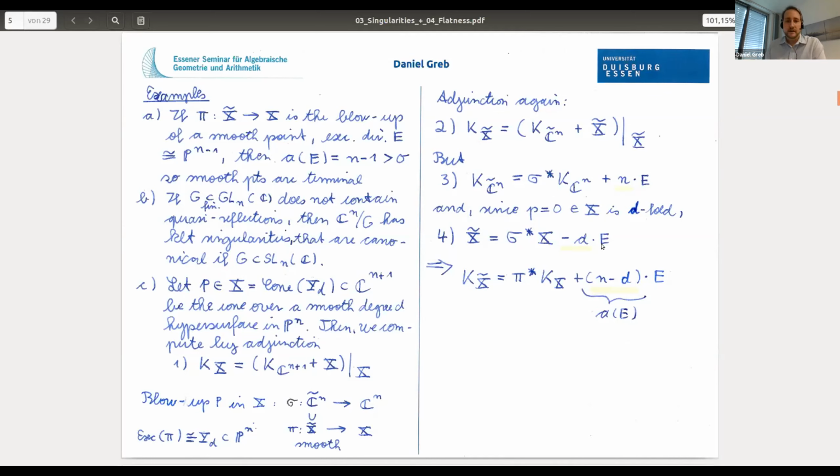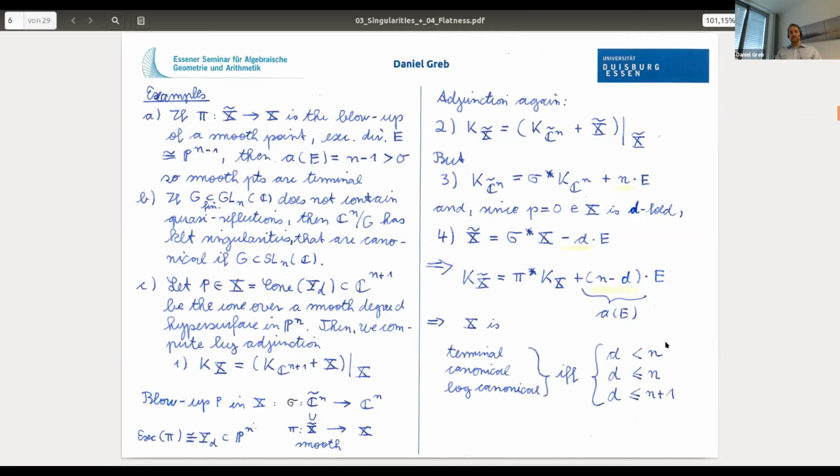Then I put everything together, and this n and this minus d give this a, which is n minus d. What does this mean? It means that X is terminal if d is less than n, it's canonical if d is less than or equal to n, and it's not canonical if d is bigger than n.